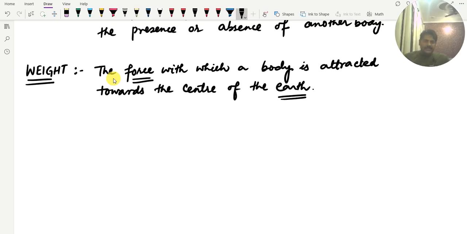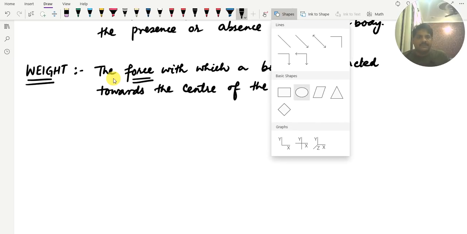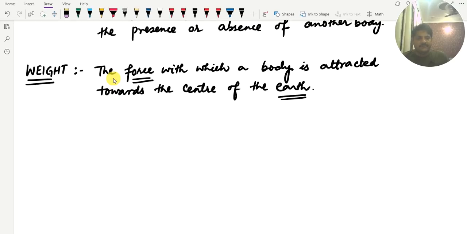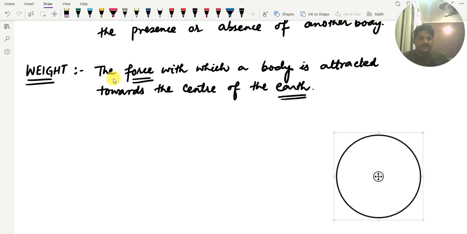So let us imagine a spherical object which is the earth. Let us draw the earth here. So if this is the earth, this is the center of the earth, and a body is here.